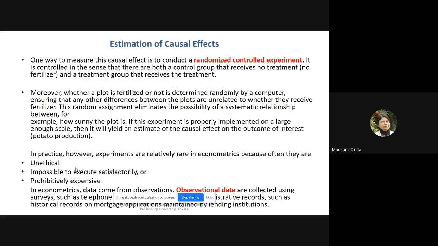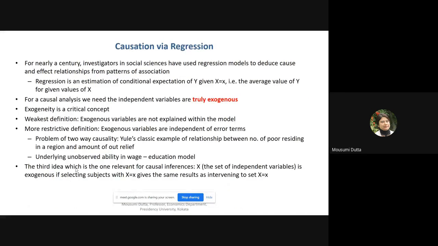Okay. In case of a randomized controlled experiment, you are going for this kind of causal relationship. However, in econometrics, you will not always get causality. Now, coming to causation via regression, as I mentioned, for a causal analysis we need the independent variables to be truly exogenous.